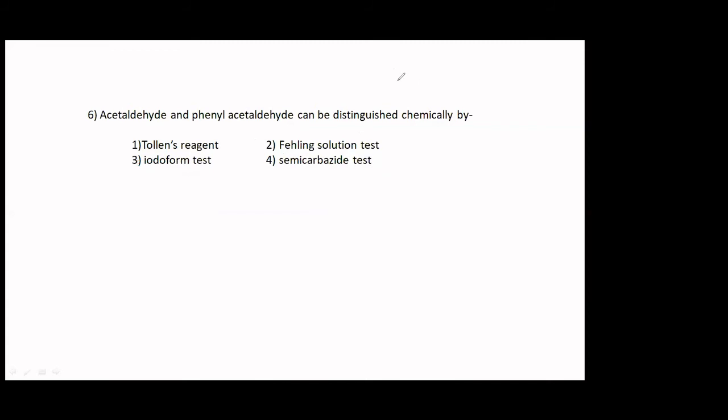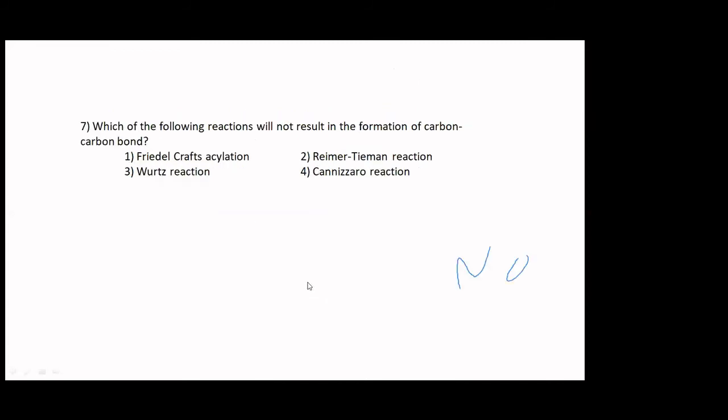Let's move on to the next question. Which of the following reactions will not result in the formation of a carbon-carbon bond? Wurtz reaction, definitely there will be a carbon-carbon bond. Why not? Reimer-Tiemann reaction. There also there will be. What is the Reimer-Tiemann reaction?